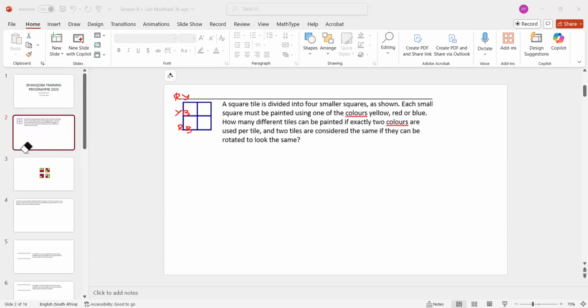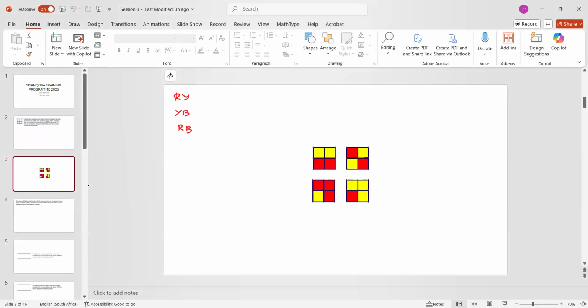Okay. Now, in this case, you got 4 different ways of doing it, as you can see. You can have 3 yellows and a red, or you could have 3 reds and a yellow, or you could have 2 reds and 2 yellows, and there are 2 possibilities for 2 reds and 2 yellows. No other possibilities exist. If you look around, try to do something, you'll see they are always one of these.